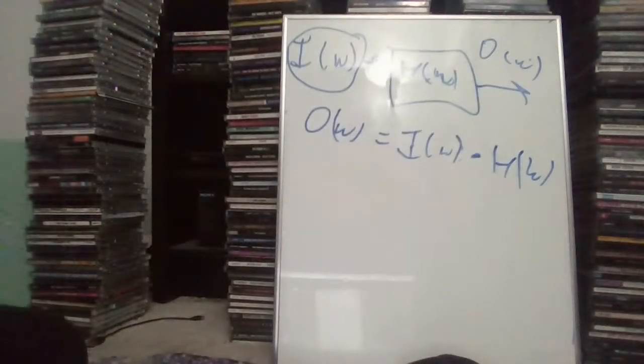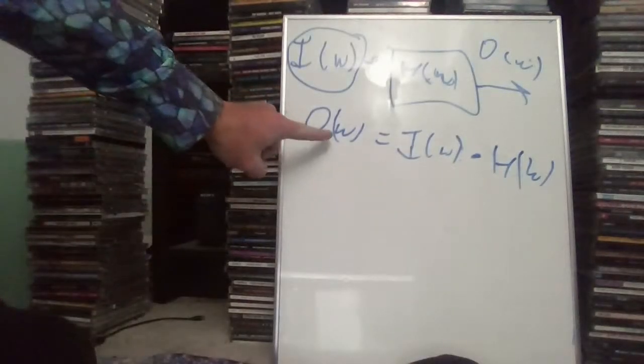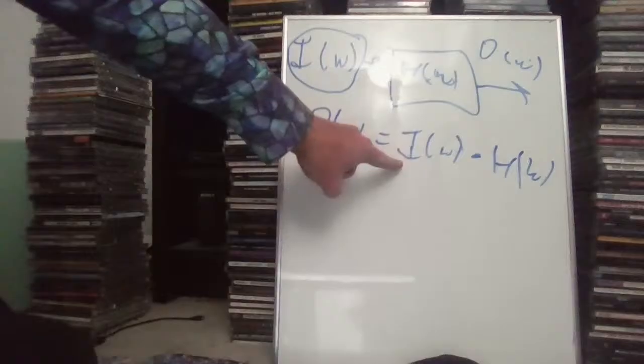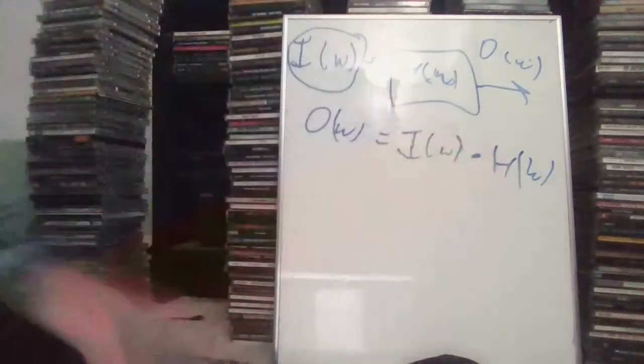So the output in frequency domain equals the input in frequency domain times the transfer function in frequency domain.